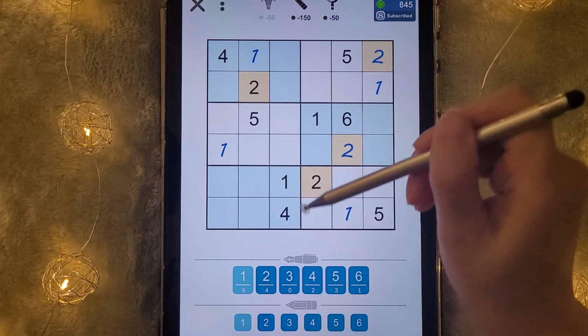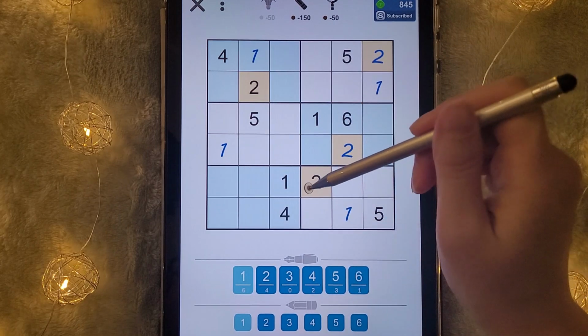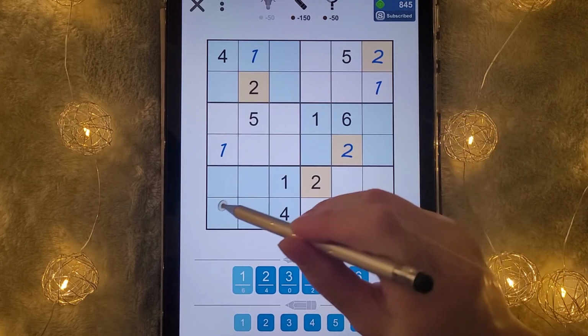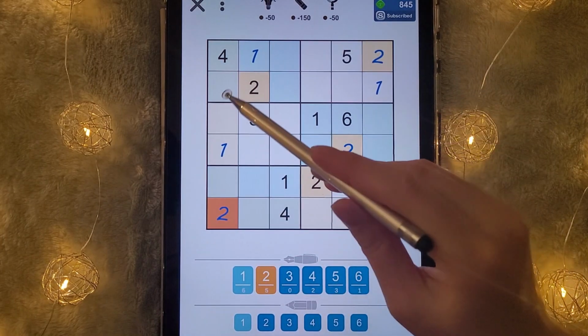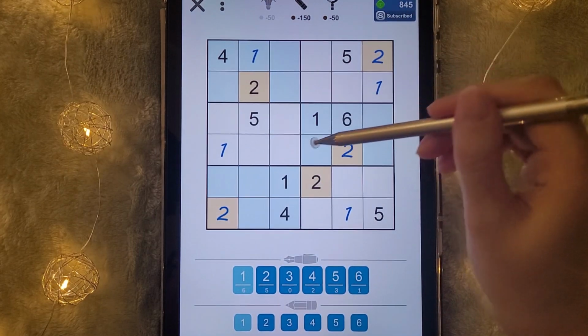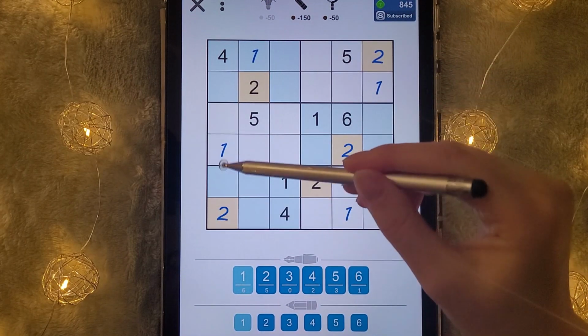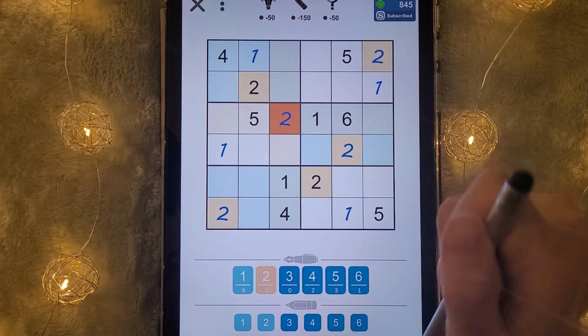And I can place a 2 in this box down here. This 2 sees these cells, this 2 sees those cells. So the 2 has to go in this bottom corner. And then now we can place the final 2 in this box. This 2 sees these cells, this 2 sees these. So the 2 has to go in this corner.